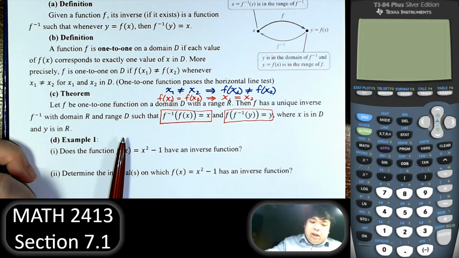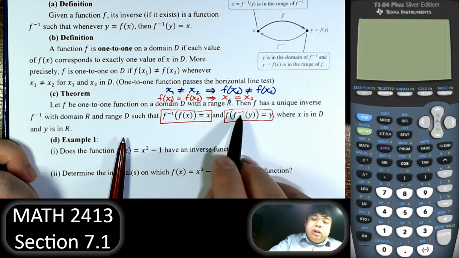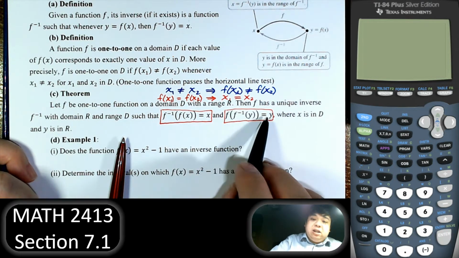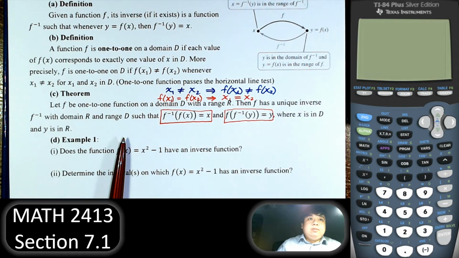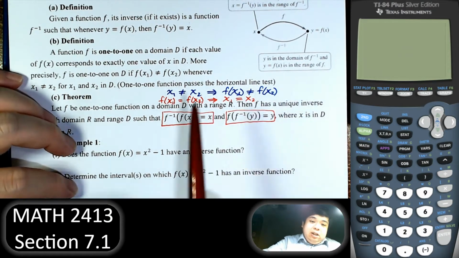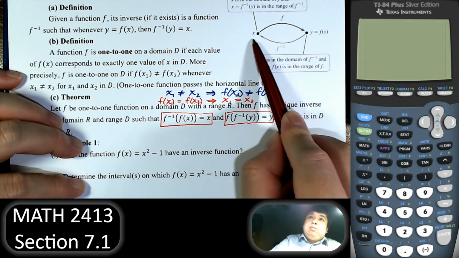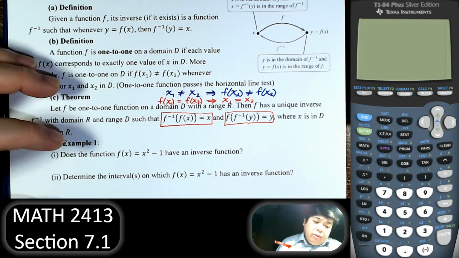What's important here is that the inverse and the function will give us back what's inside, the variable. So a one-to-one function has an inverse, and when that happens, the combination of the function and the inverse gives us back the original variable.